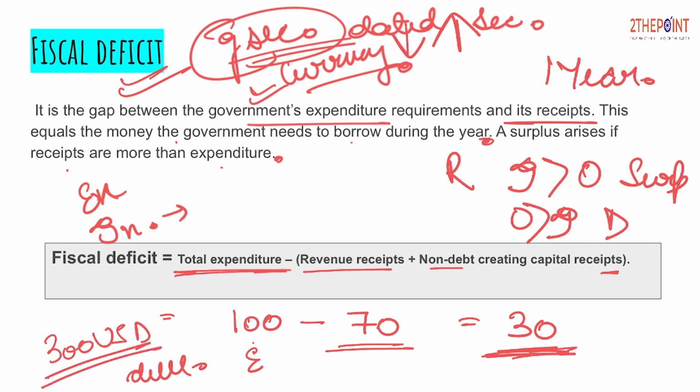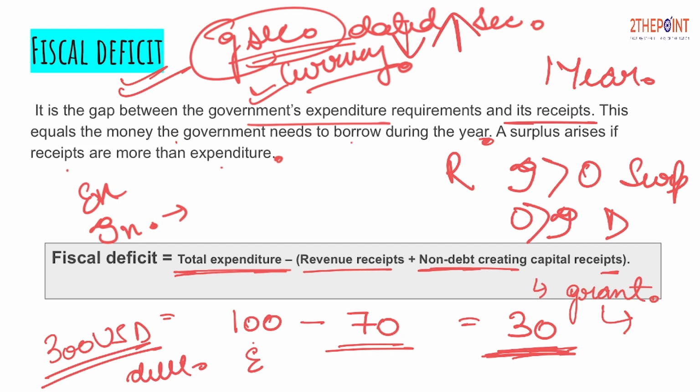But there are certain capital receipts which do not create debt on us, and they are called non-debt creating capital receipts. For example, let's suppose we have got a grant from the World Bank or any other international institution. This grant is a one-time, unilateral flow, and we do not have to repay it, so it does not create a debt on us.